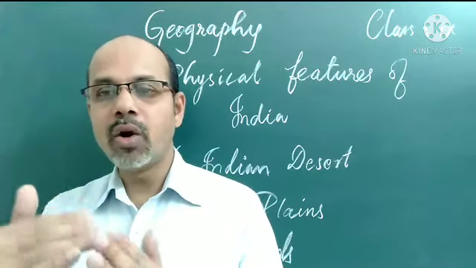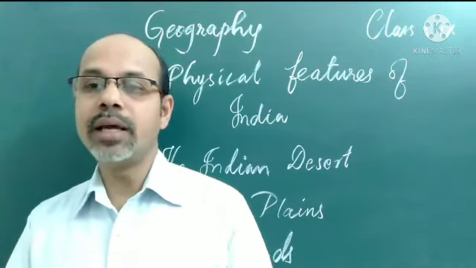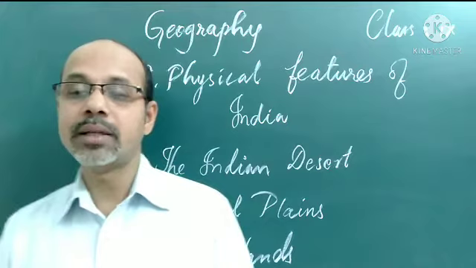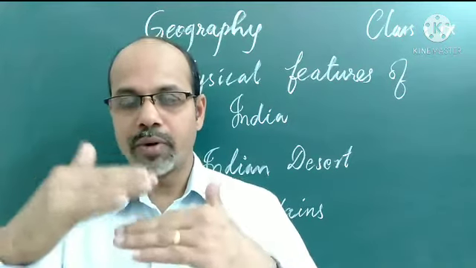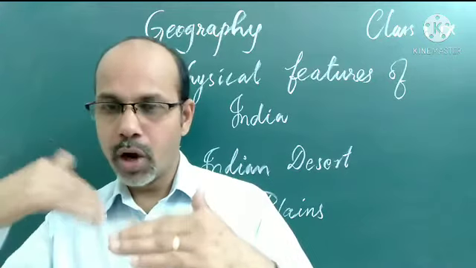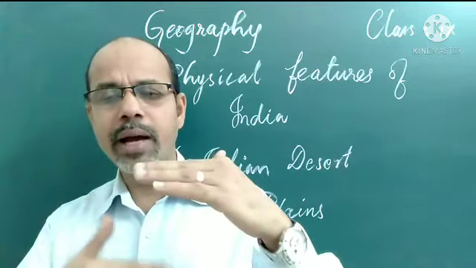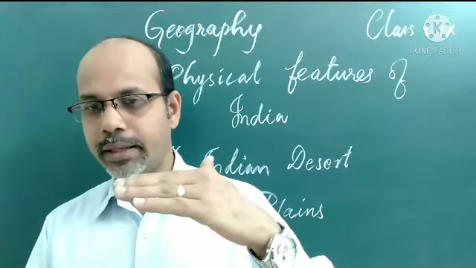These islands are very close to the equator, so they experience an equatorial climate and have thick forests. India lies in the northern hemisphere, and the southern part of India is close to the equatorial region.